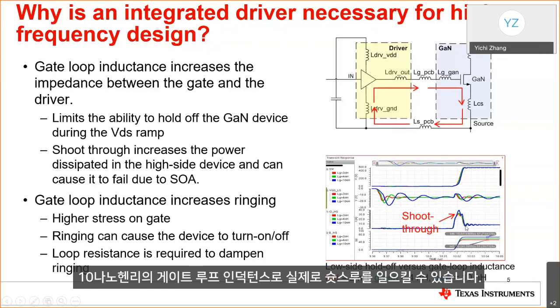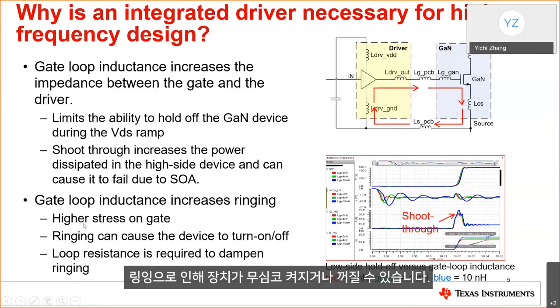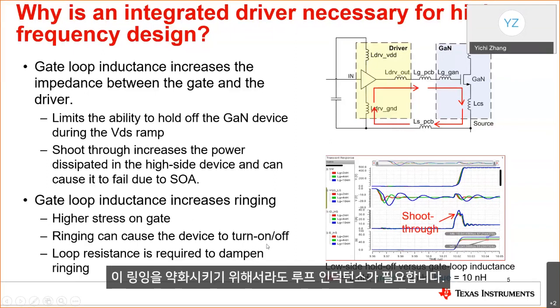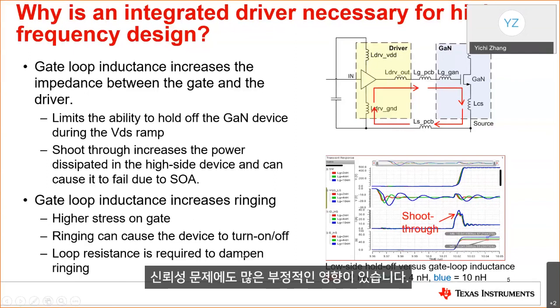It can actually cause shoot-through. Another thing is that gate loop inductance will increase the ringing. So it will put higher stress on the gate, and the ringing can cause the device to unintentionally turn on or turn off. Loop resistance is required to damp the ringing. So there are a lot of negative effects on switching losses and also reliability issues caused by the gate loop inductance.